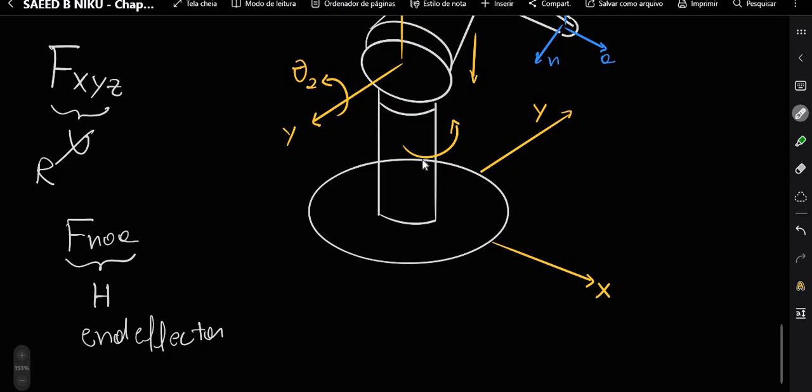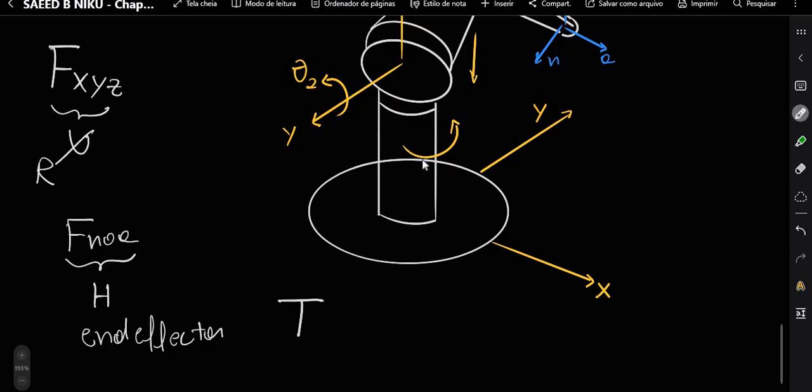So the transformation that tells us where the end effector, as the name is already saying, is going to be at the end of the task.